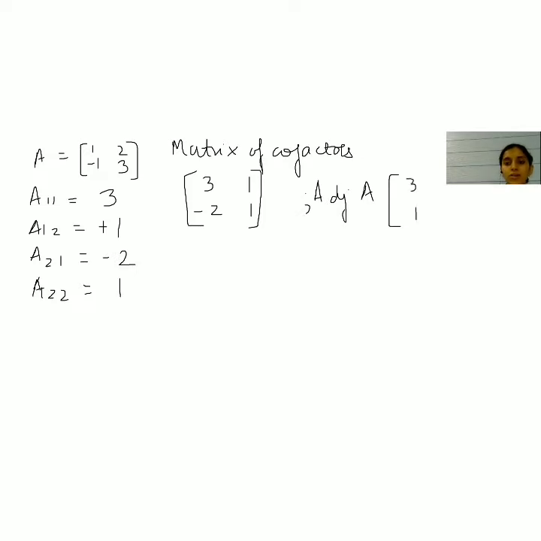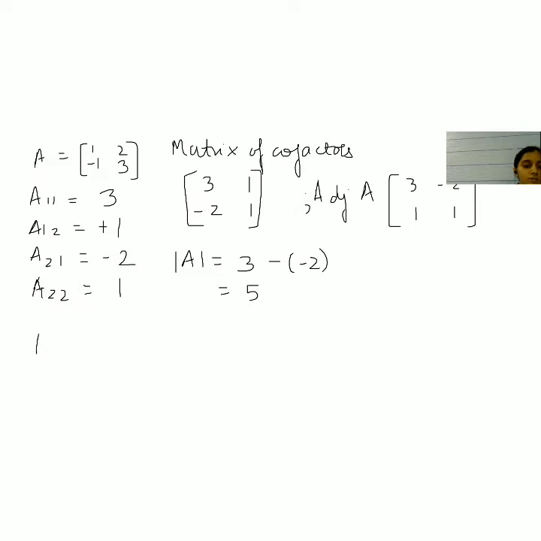So [3, -2; 1, 1]. Okay, this is the adjoint of A. Next step, the determinant of A we have to find. It is 3 minus -2, 3 plus 2, that is 5. So the determinant of A is 5.